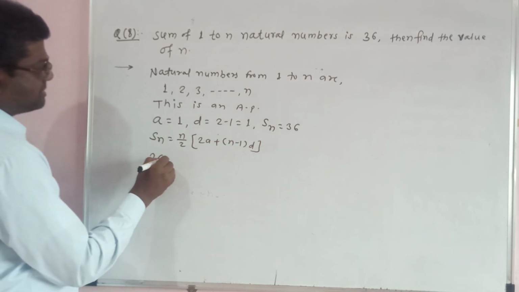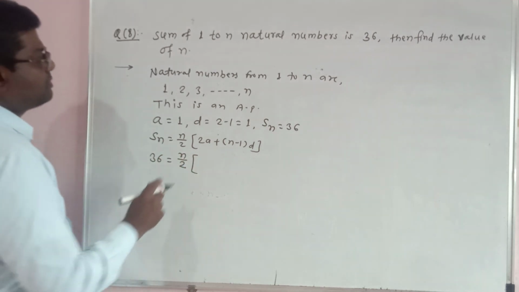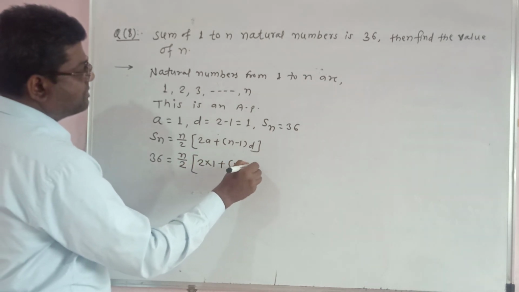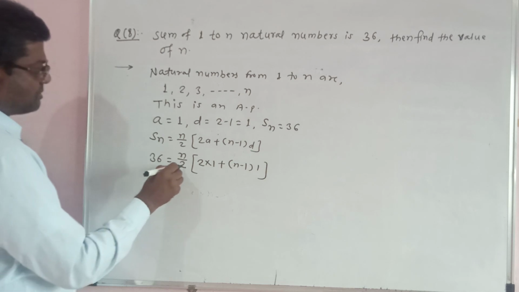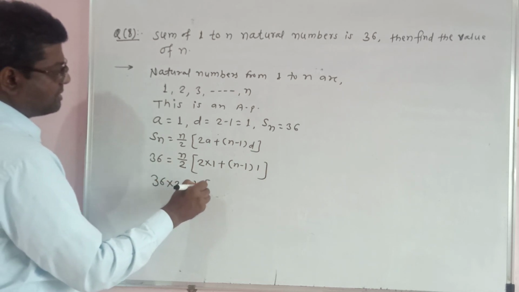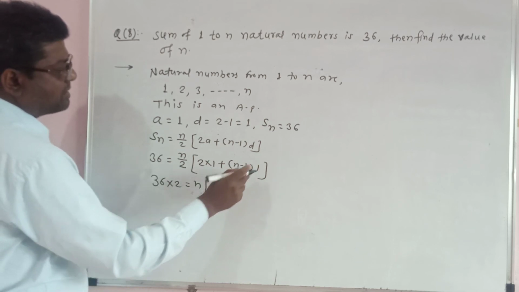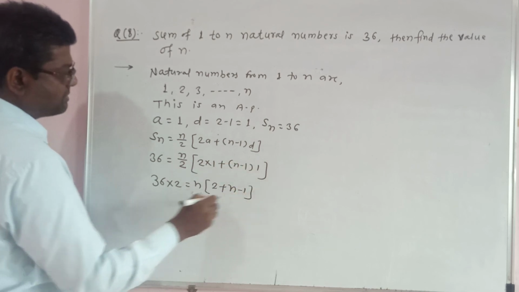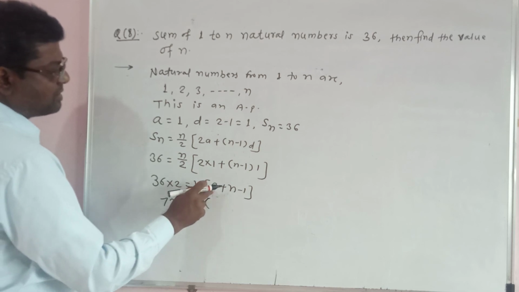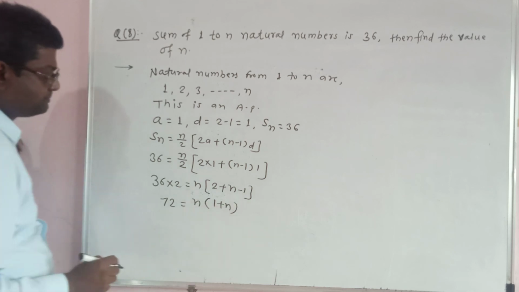Sn is 36 is equal to n upon 2, we have to find n, in bracket 2a, 2 into 1, plus n minus 1 into d, d is 1. Therefore 2 into 36 is equal to n in bracket 2 into 1 is 2 plus 1 into n, and 1 into minus 1 is minus 1. Therefore 72 is equal to n in bracket 2 minus 1 is 1, 1 plus n.